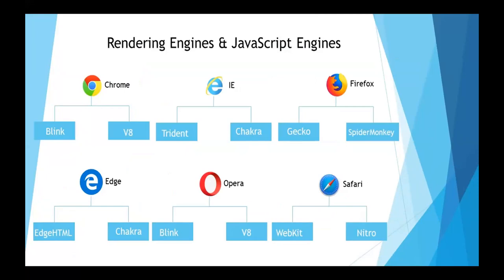Internet Explorer uses Trident and Chakra. Firefox uses Gecko and SpiderMonkey. Edge very recently updated to an engine called Chromium, the latest engine used by Edge. Edge also used Chakra and EdgeHTML. Opera also uses Blink and V8. Safari uses WebKit and Nitro.